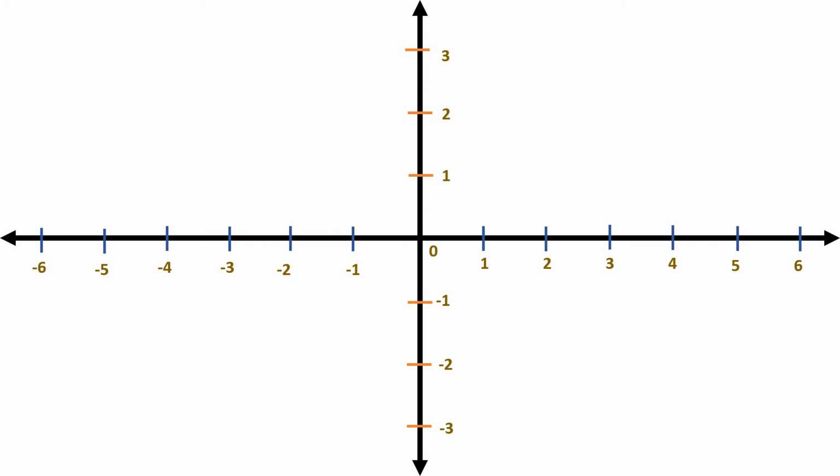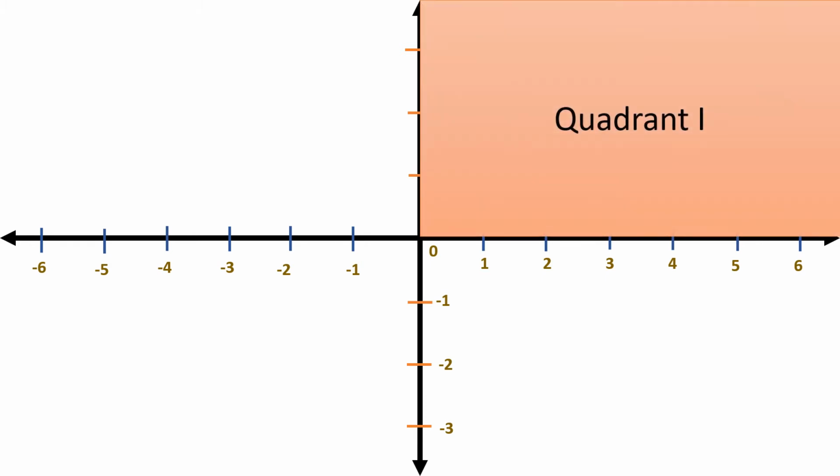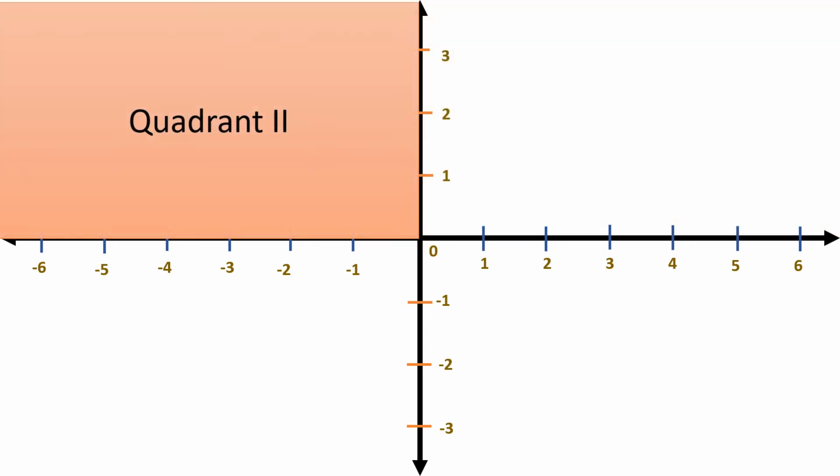This is the Cartesian plane. This is quadrant 1, with the positive x-axis and positive y-axis. Quadrant 2 goes with the negative x-axis and positive y-axis.